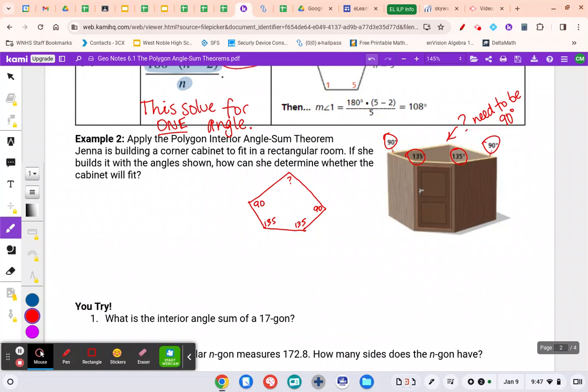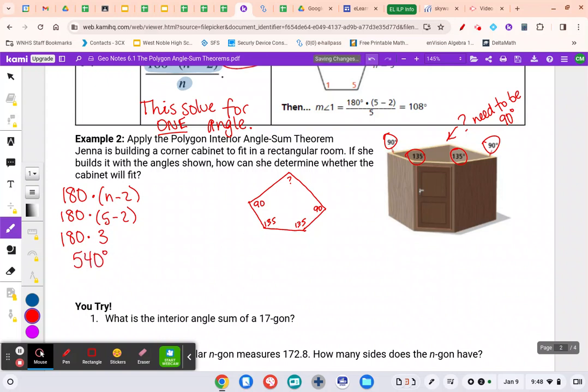To do that, I take my formula, 180 times n minus 2, or 180 since it's 5-sided times 5 minus 2, or 180 times 3, which is 540 degrees.